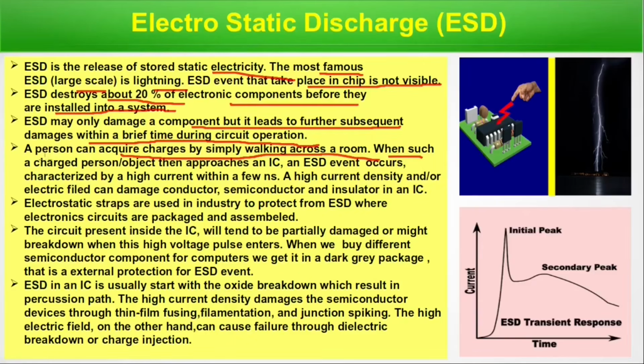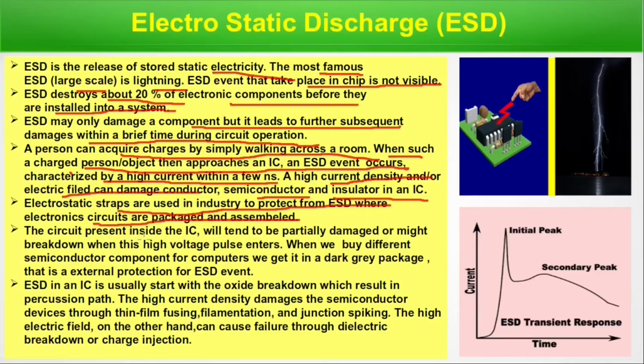When such a charged person or object then approaches an IC, an ESD event occurs, characterized by high current within a few nanoseconds. A high current density and or electric field can damage conductor, semiconductor and insulator in an IC. Electrostatic straps are used in industry to protect from ESD where electronic circuits are packaged and assembled.